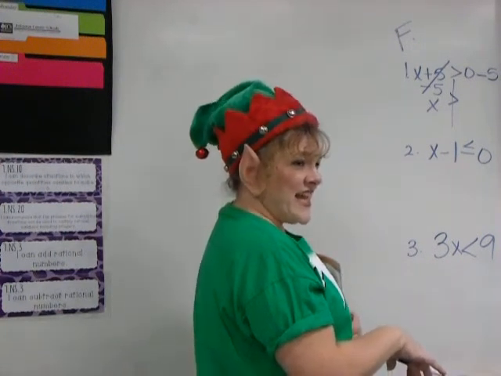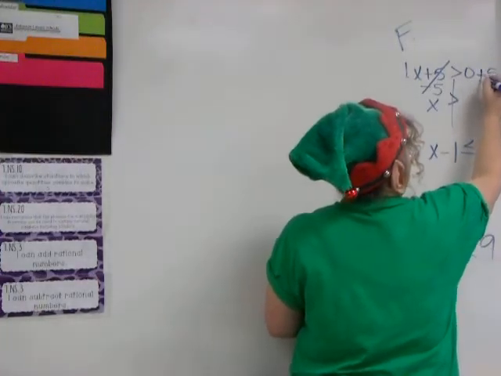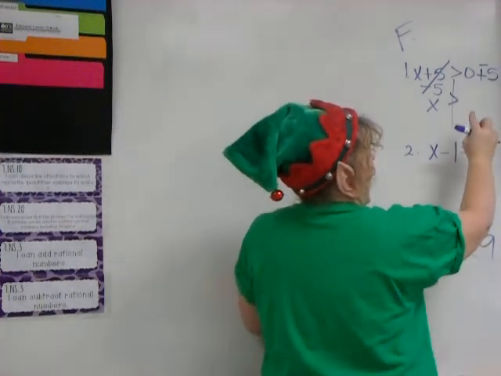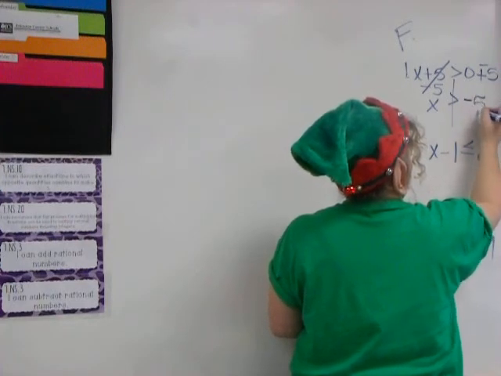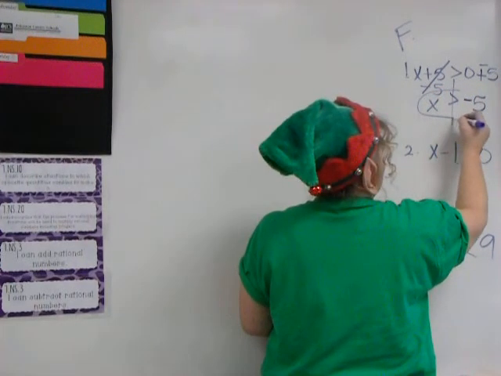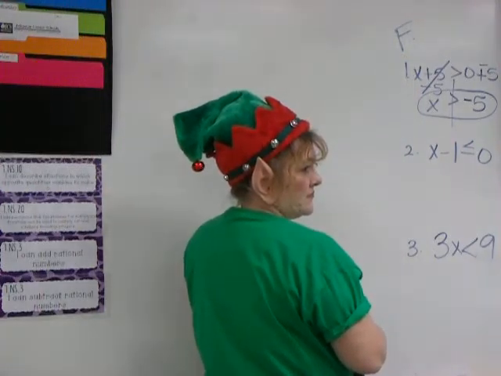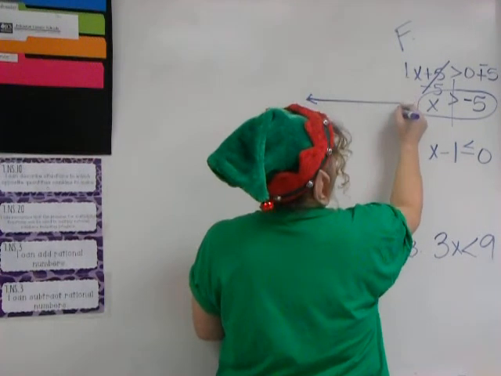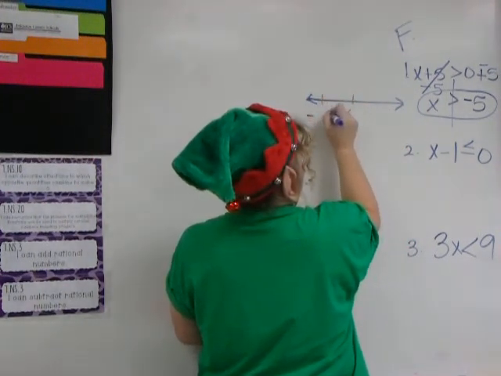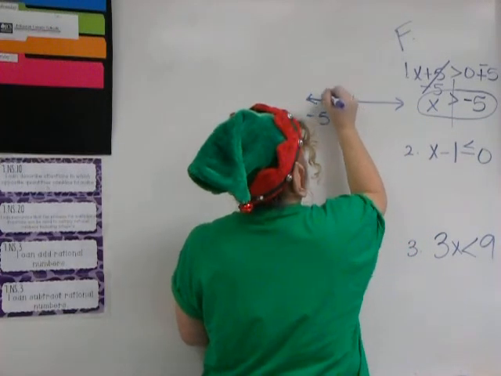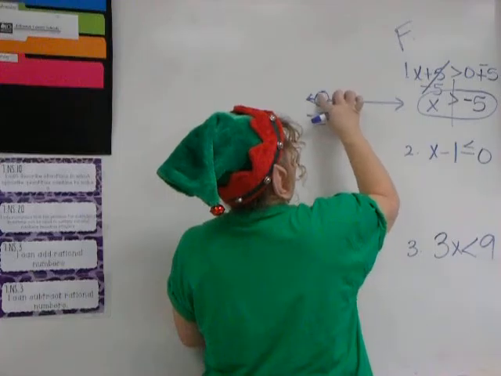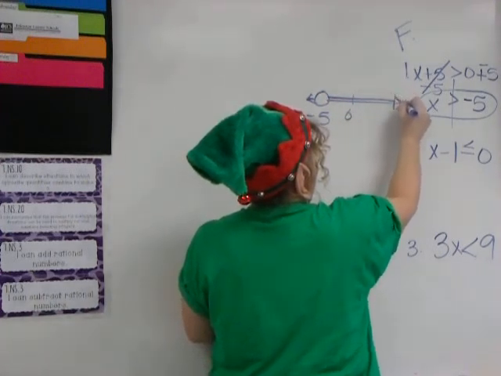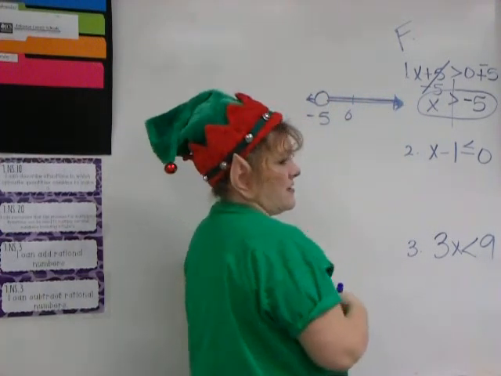We looked at it yesterday. It's adding the opposite. So if I added -5 to 0, what do I get? -5. So this is the answer. So what my graph would look like is I would have my circle on -5. X is greater than, not including -5, and it would go in this direction.